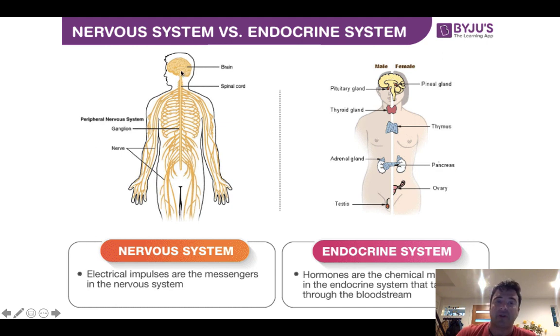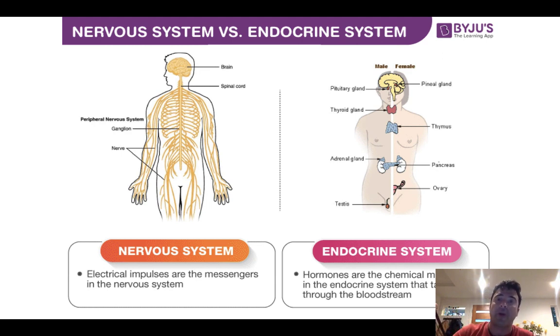Now, the nervous system, which consists of the brain, spinal cord, and nerves, is a system of homeostasis because it's capable of detecting, processing, and responding to changes, and it can respond to changes by telling other organ systems what to do. So when a bus is coming at you, for example, you have visual information that comes in, it's processed in your brain, and your brain activates and sends messages along nerves that tell skeletal muscles, hey, you got to contract in order to get out of the way of this bus.